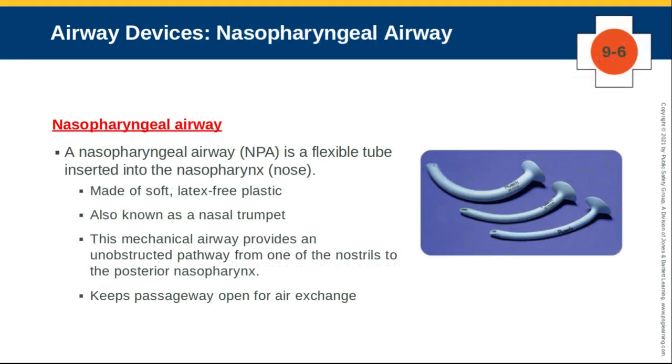Let's take a look at the NPA, sometimes called a nasal trumpet, very descriptive term. You can see its shape. They're made of a soft plastic that will allow them to be placed inside the nose, and basically it becomes a conduit from one of the patient's nostrils all the way through the nasopharynx.